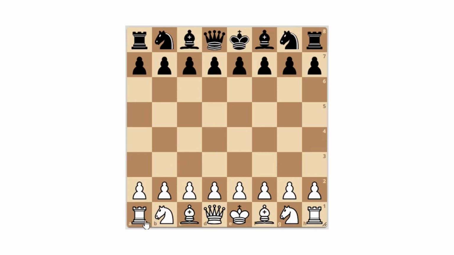Okay, like this square, the file number is A and rank is 1. So this is A1. So this is A2. This is A3, A4, A5, A6, A7, A8. Likewise, this is B1, B2, B3, B4, B5, B6, B7, B8. So in this way, this is H1, H2, H3, H4, H5, H6, H7, H8.